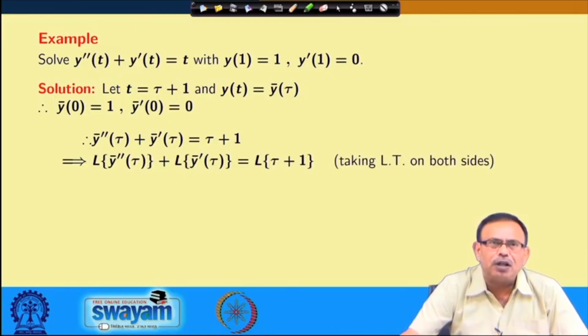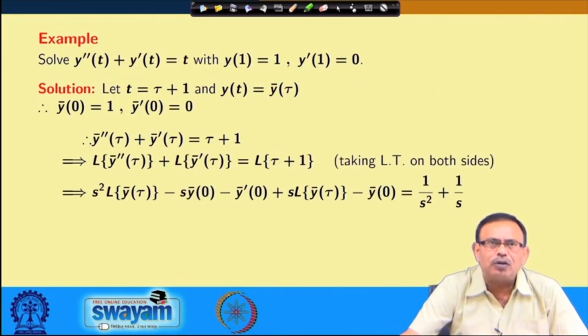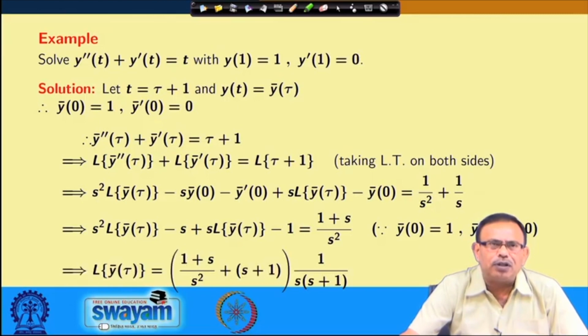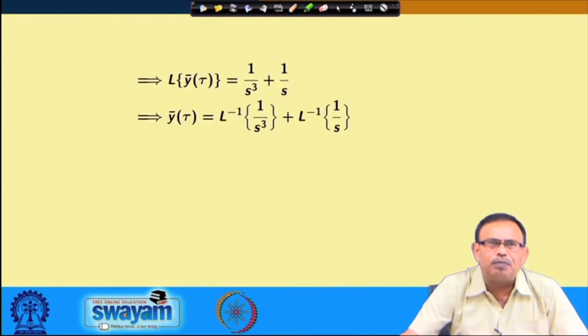You take the Laplace transform now, follow the normal process as we have done earlier, and you get 1 by s plus s square. From here the Laplace transform of y bar tau we can obtain, and by simplification the Laplace transform of y bar tau is 1 by s cube plus 1 by s.